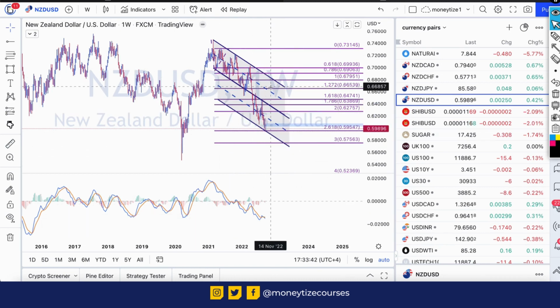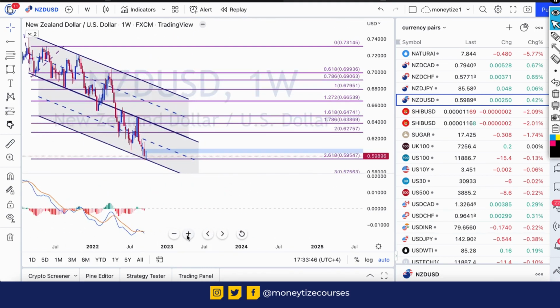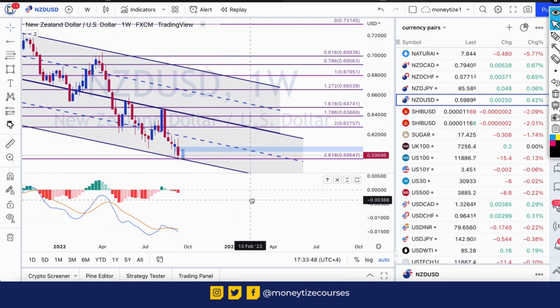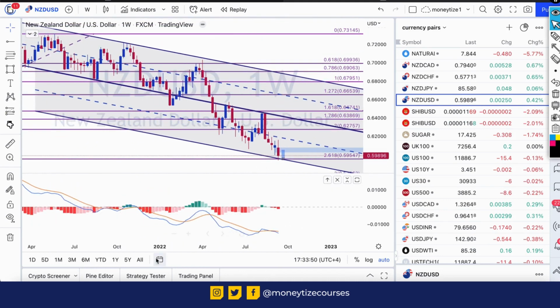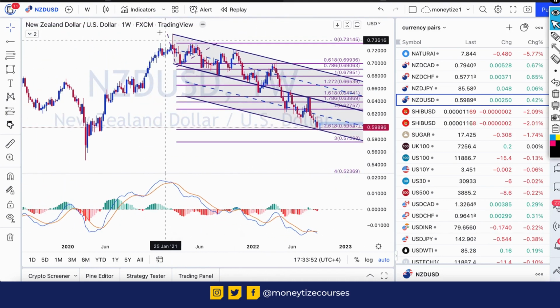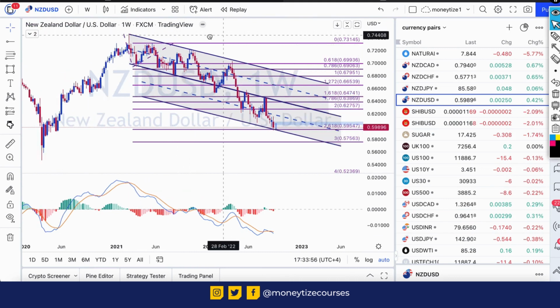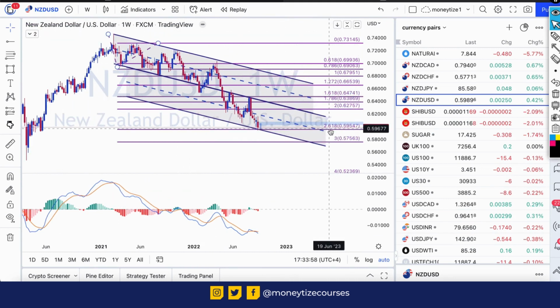I marked two downwards parallel channels on the weekly chart, and starting from the highest level swing high on the weekly, I marked the fib extension as well. So we have reached exactly fib extension 2.618, and the bottom of the second downwards parallel channel on the weekly time frame.